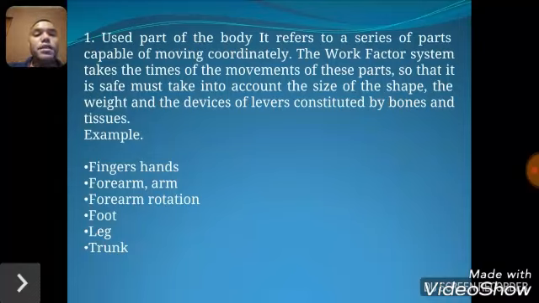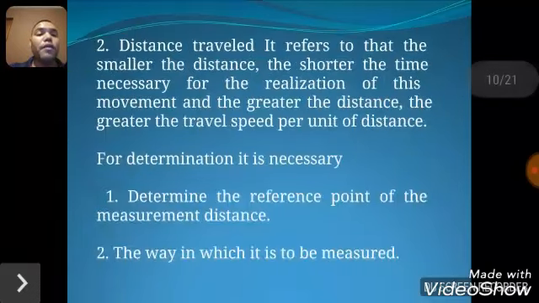The work factor system takes the times of the movements of this part, taking into account the size, shape, weight, and the base of levers constituted by bones and tissues. Example: finger, hand, forearm, arm, forearm rotation, foot, leg, trunk.